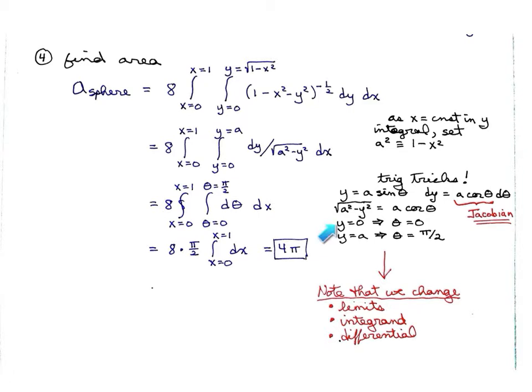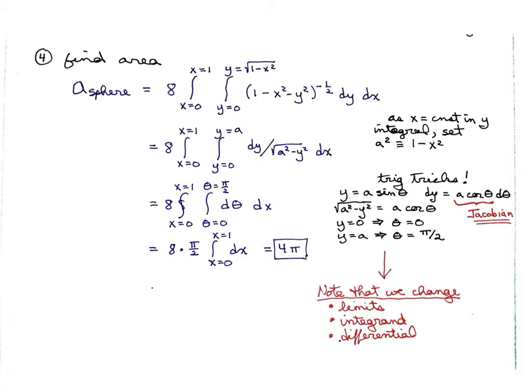Y equals 0 translates to theta equals 0. Y equals a translates to theta equals pi over 2. So our integral takes this new form. That's an easy integral to do. It works out simply to be pi over 2. Now we can do the x integral, which is equally straightforward, and the final answer is 4 pi.